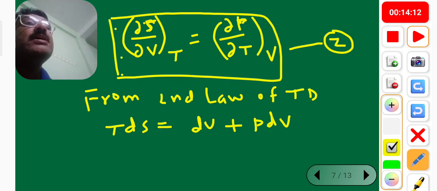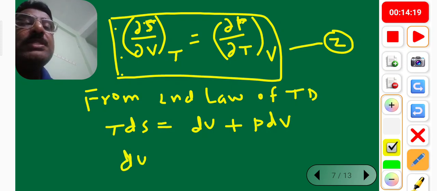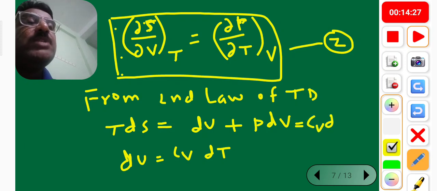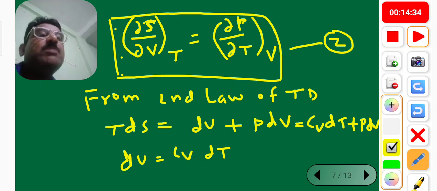Now in this, you know that dU is equal to Cv dT, right? So you can also write this as TdS equals Cv dT plus PdV.